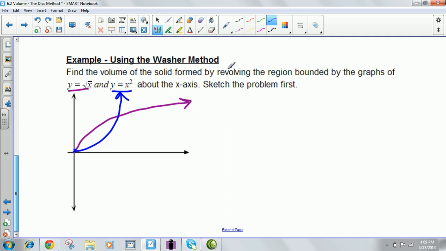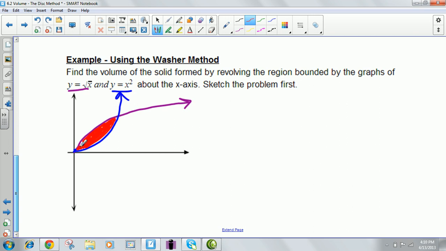And now what we want to do is we revolve it around the x-axis, and we're going to revolve what they have in common. Blue and purple make, I don't know, in this case, they make red.